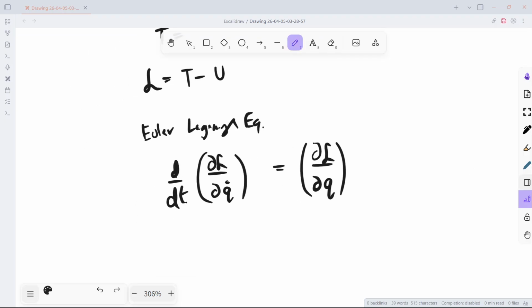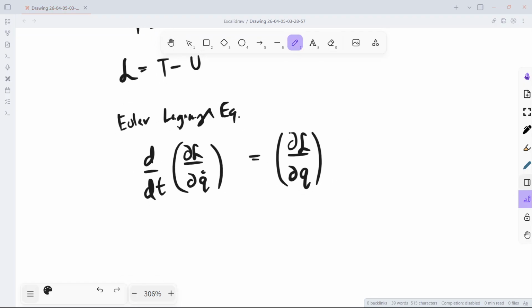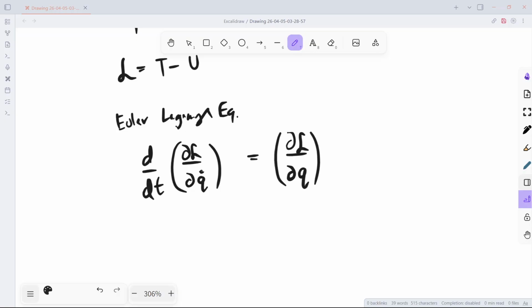Again, this is not a proof of Lagrange's equation by any means. I just use this to recall the form. The general form is one partial and a full time derivative set equal to another partial, but I just don't remember whether the dt is here or here, and one way I can convince myself it's here is this.